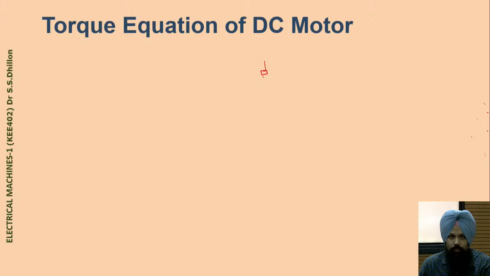Let us suppose we have the armature circuit for the separately excited DC motor, so that we can have generalized equations for the DC motor. Here we have the DC supply for the armature circuit separately. You can see over here, this is VDC and this is the armature current.